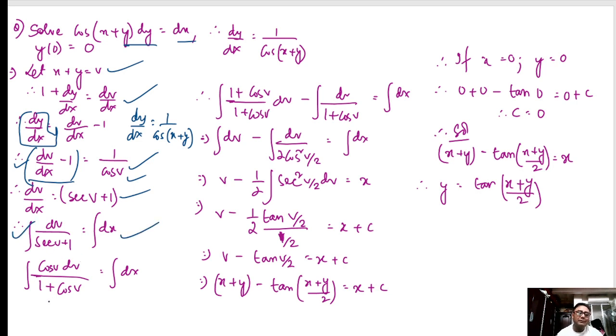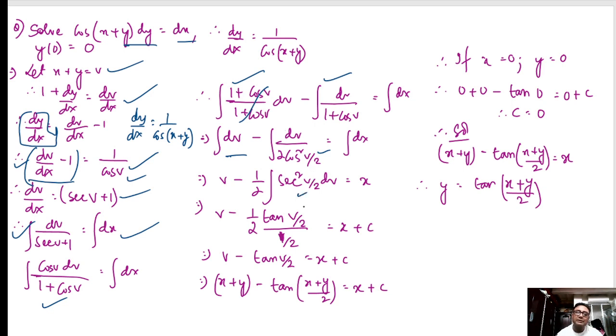So 1 by sec v is 1 by cos v, it becomes this. We are adjusting with plus 1 and minus 1 here. We added plus 1 and minus 1, so it becomes this, and this cuts and becomes only dv. And 1 plus cos v is 2 cos square v by 2, so half comes out, sec square v by 2.